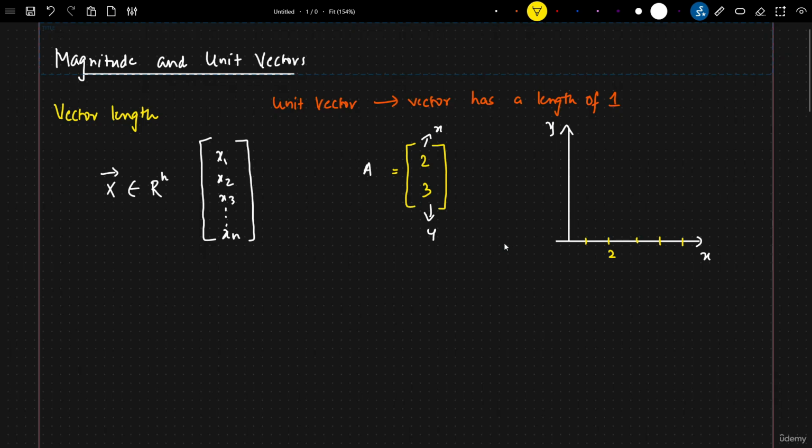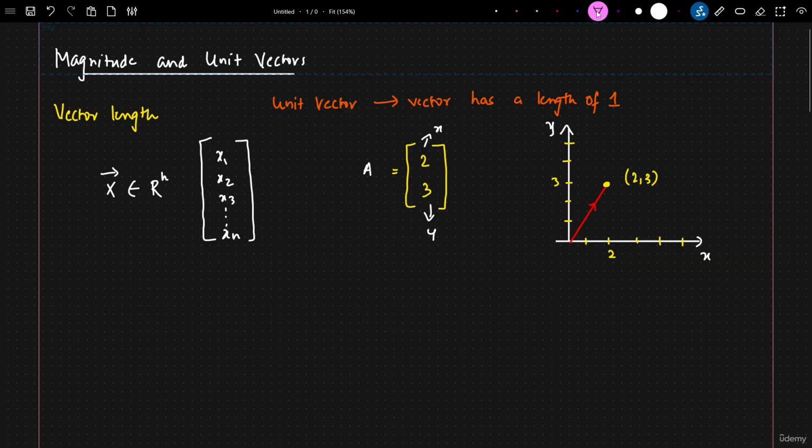So this is my 2. And similarly, in my y-axis, this is my 3, right? If I join this, this is my data point, which is denoted by 2, 3. Now, when I say I need to calculate the magnitude or the vector length, I'm basically calculating this distance from the origin, which is in this direction.